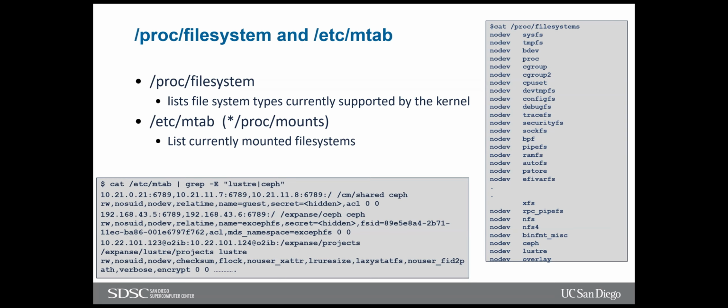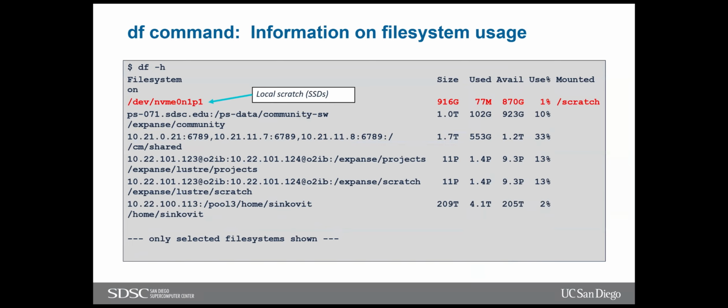In this case, I pulled out just Lustre and Ceph. The previous command I ran on the login node. This command was run on the compute nodes. NVMe is not available on the login nodes.